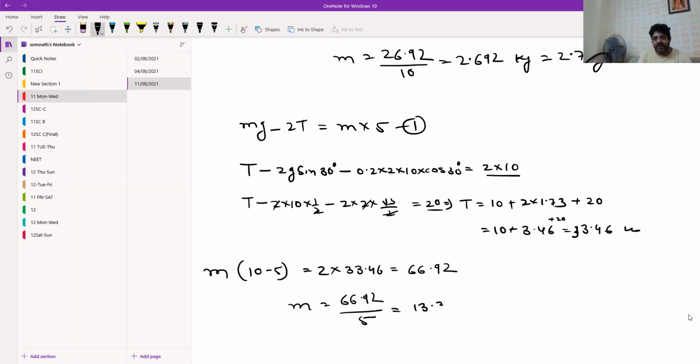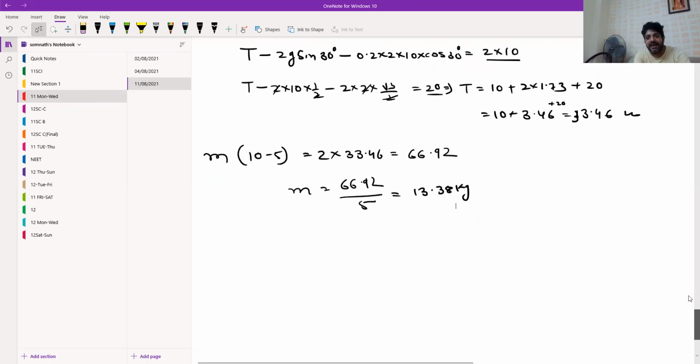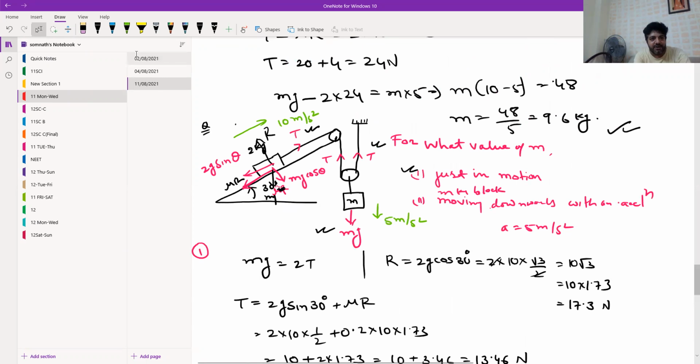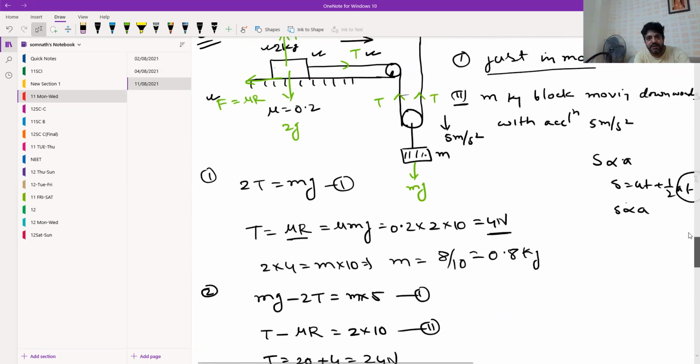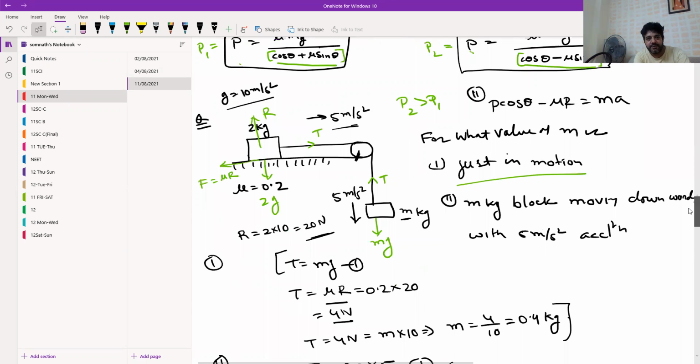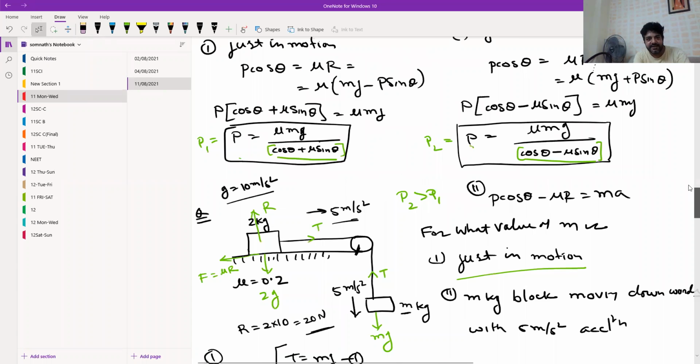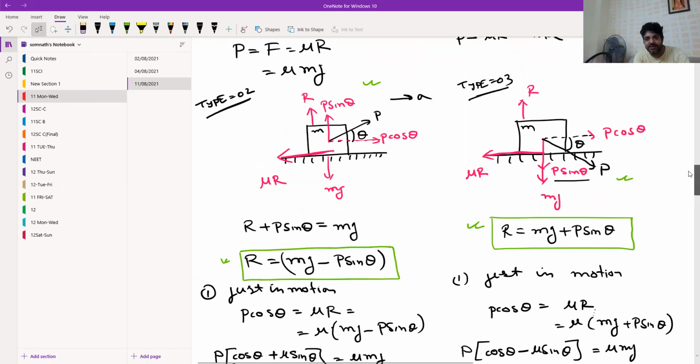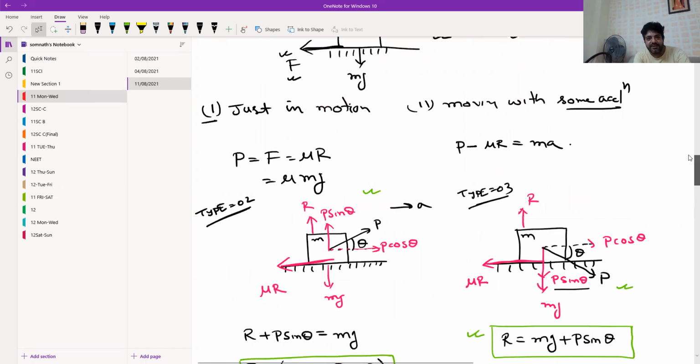So I just showed you all types of questions related to this inclined plane, and I also showed you three types of normal reaction. This is your type 2, this is your type 3, and before that, type 1.